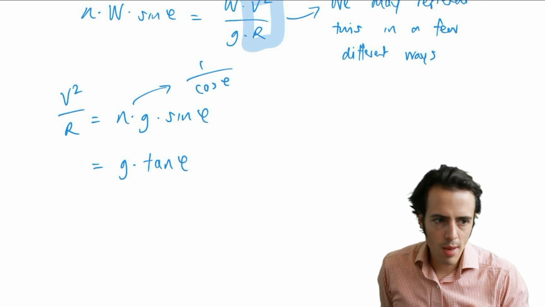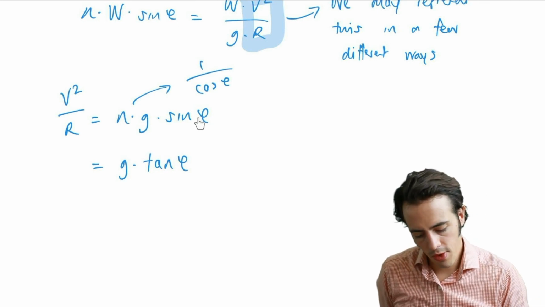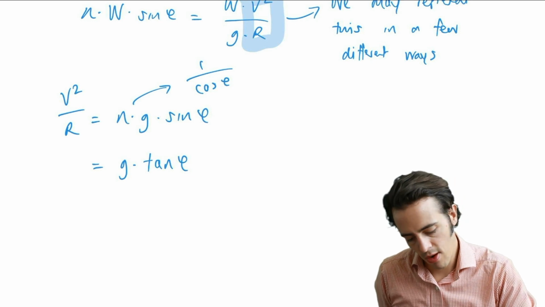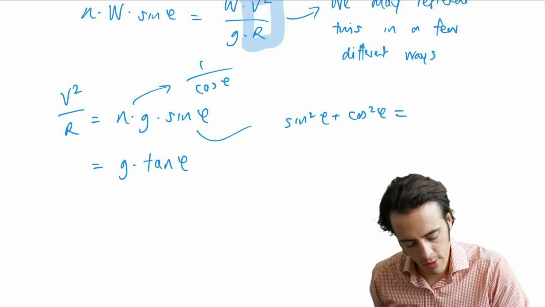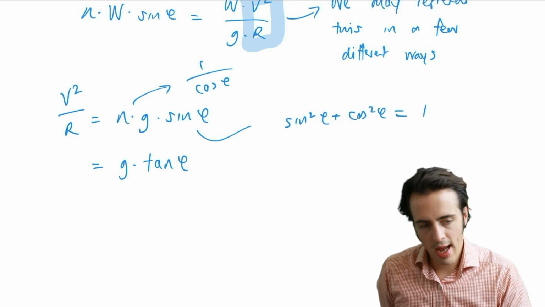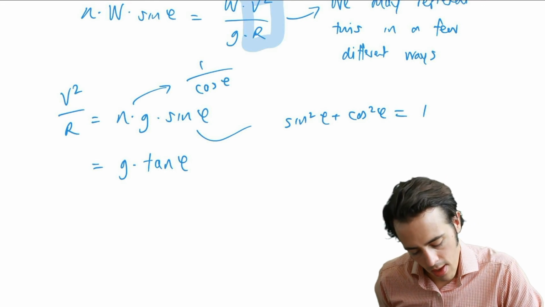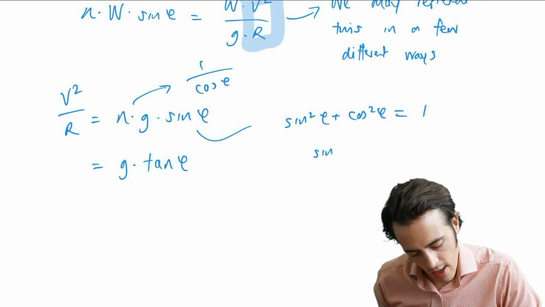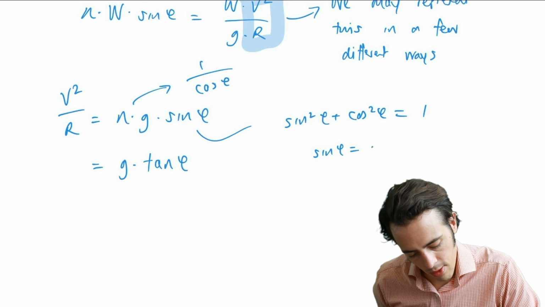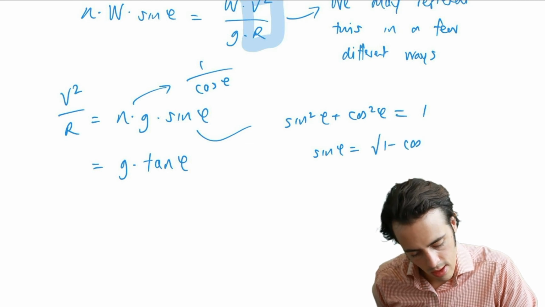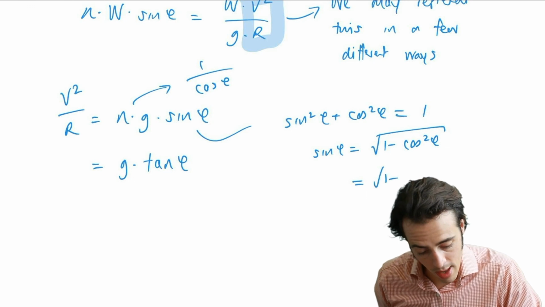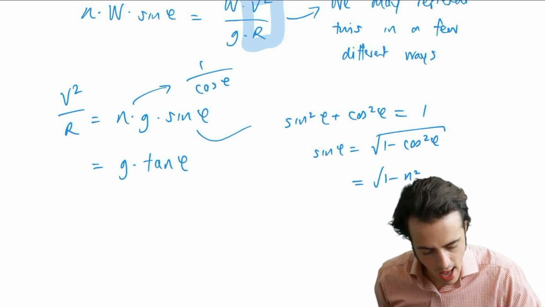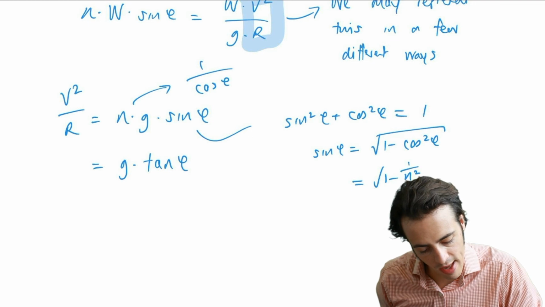And through a little bit of manipulation we can also change this, remember, from sine squared phi plus cosine squared phi is equal to 1. We can rearrange that into sine phi is therefore equal to the square root of 1 minus cosine squared phi, which is equal to square root of 1 minus 1 over n squared.